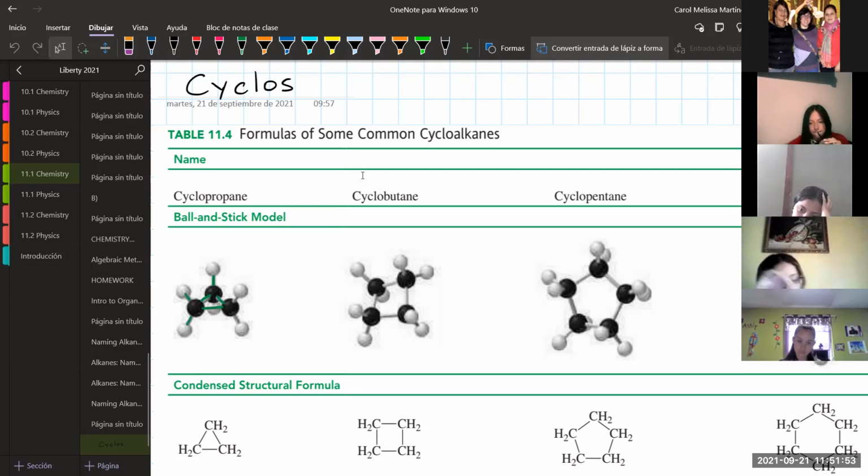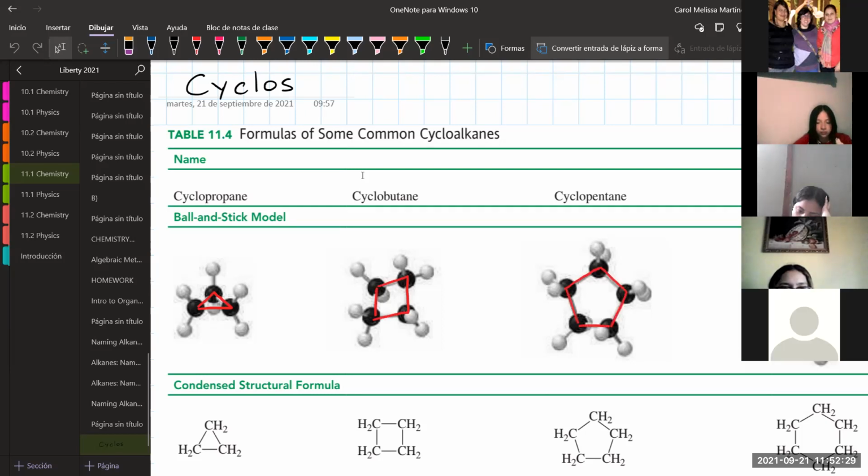Take a look. Now, the gray spheres are the hydrogen atoms, okay? And the black spheres are just carbons. Now, the shape that is formed when you join these carbons, you will notice that they are geometrical shapes. You have triangle, you have square, you have pentagon, you have hexagon, okay?